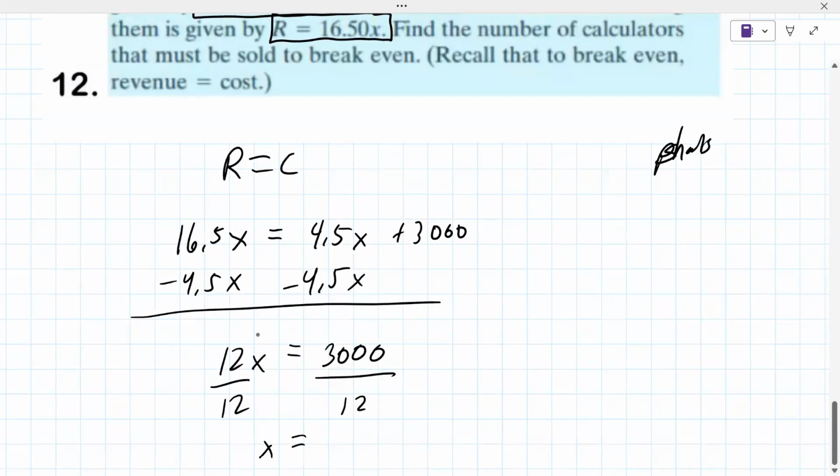All right, just give me one side. 250. So that means we have to sell 250 calculators to break even.